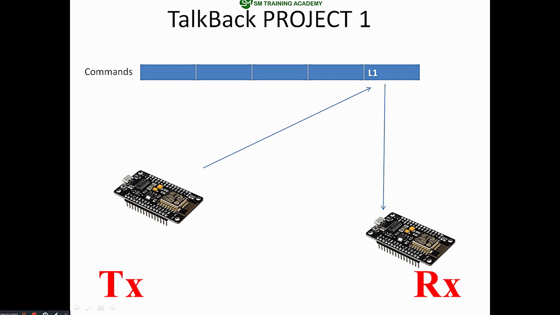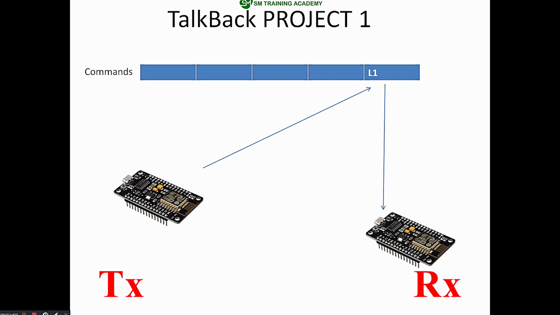This transmitter will have two buttons connected to D1 and D2 of the NodeMCU. When I press the D1 button I will get L1 updated in the TalkBack queue, and when I have the L1 command over here I will turn on the LED connected to D0 of the NodeMCU, that is the onboard LED available in the receiver NodeMCU.